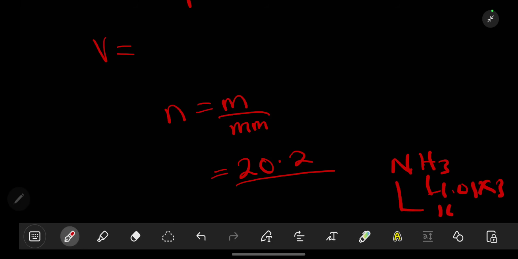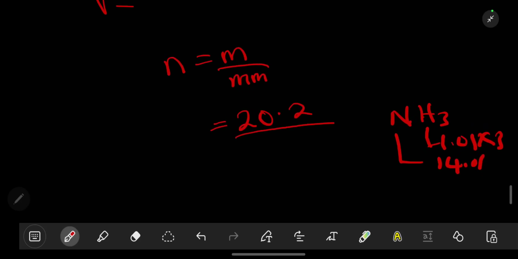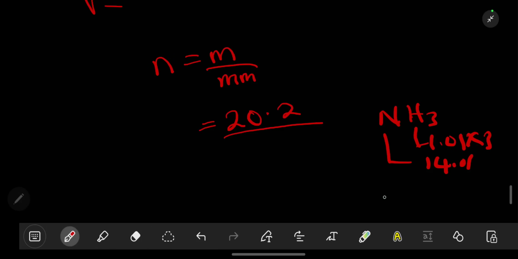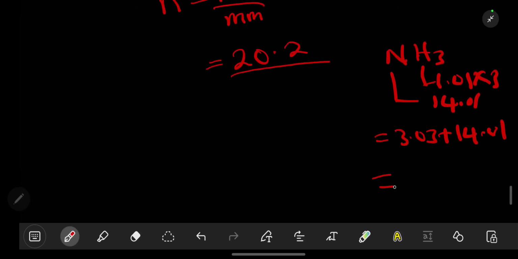Then we have our 14.01. So if we add 3 times this value, it will be 3.03 plus our 14.01. This is going to give us 17.04 grams per mole.